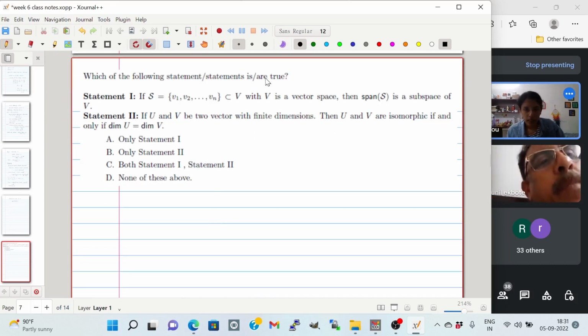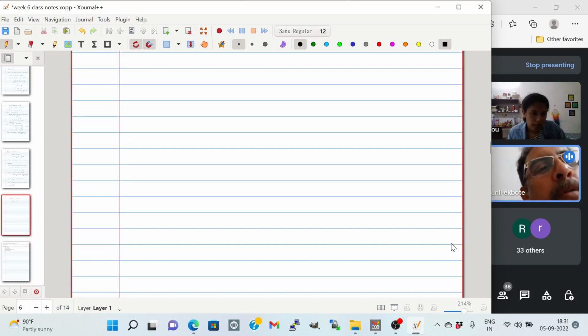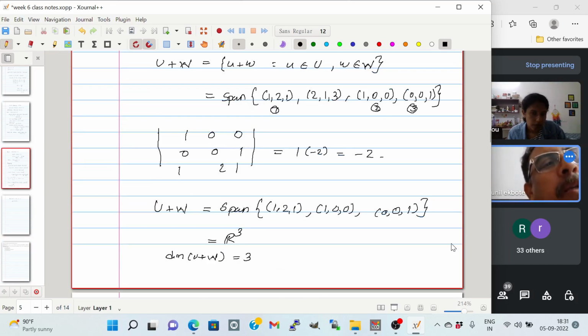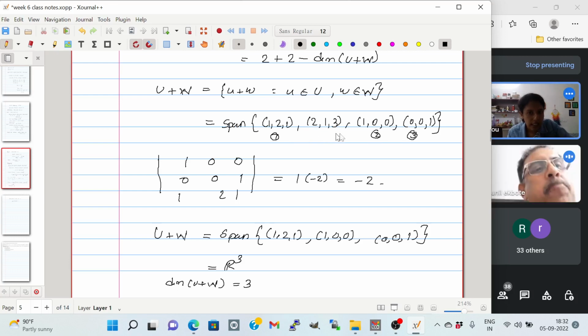All the 4 elements. Like U plus W, as I already told, is a subspace of R3, right? So 4 elements being linearly independent is not possible, right? So the maximum is 3, and I am just checking with 3 elements.